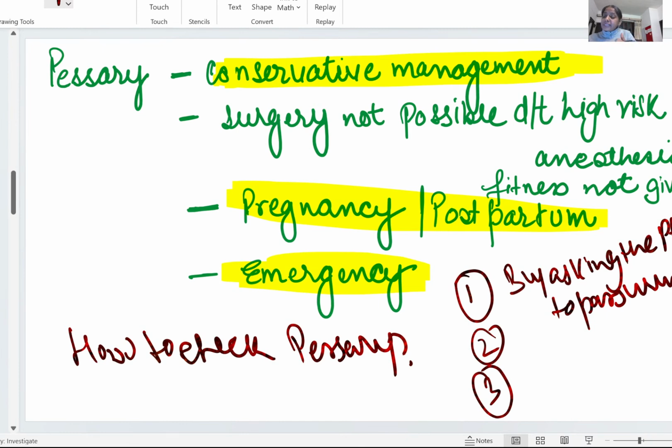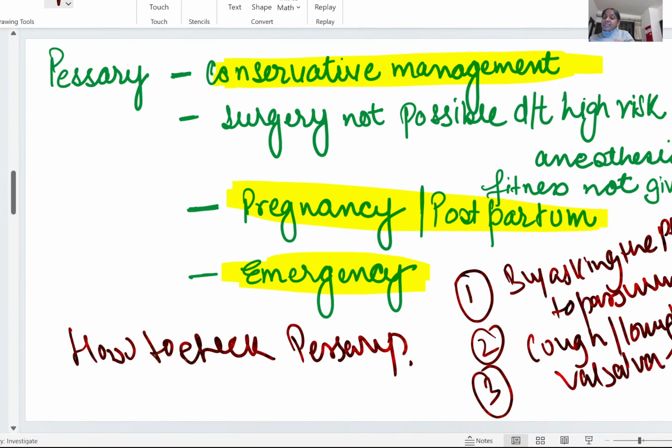Pessary comes in different sizes, so we put a pessary by estimation. Then we ask the patient to pass urine. If the patient is able to pass urine, the pessary is not obstructing the urethra. We ask the patient to cough or laugh, or do a Valsalva maneuver.